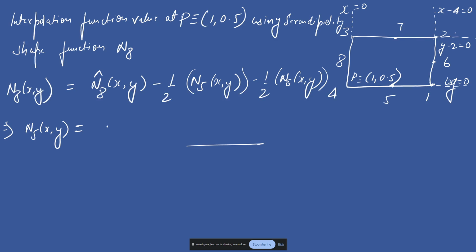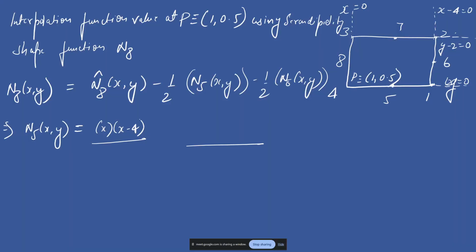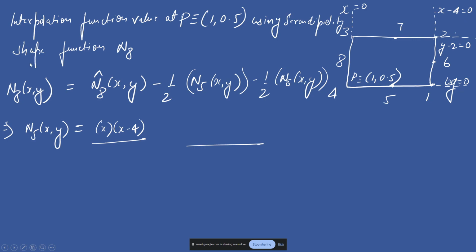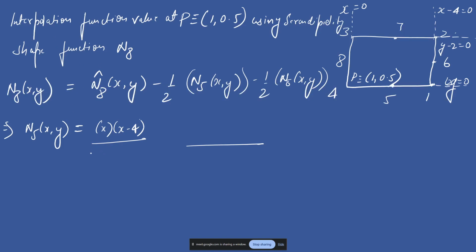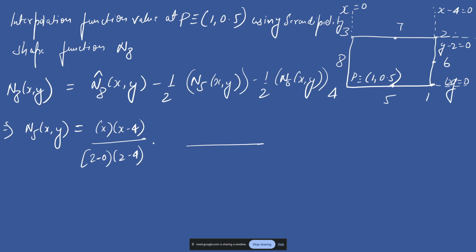So your N5 will be x minus 4, and here it is xi minus xj. So what is your xi? Xi is your 2, so 2 minus 0, 2 minus 4.